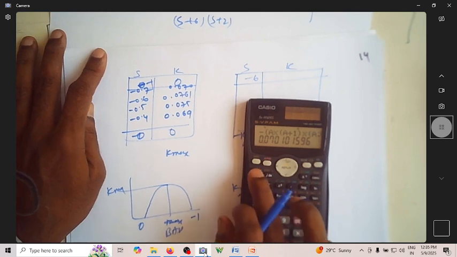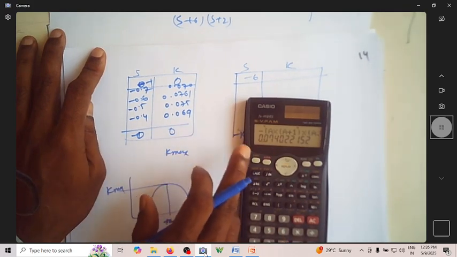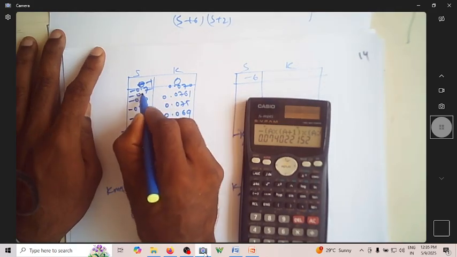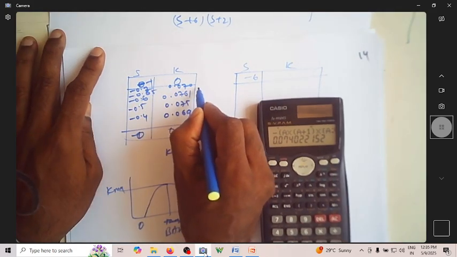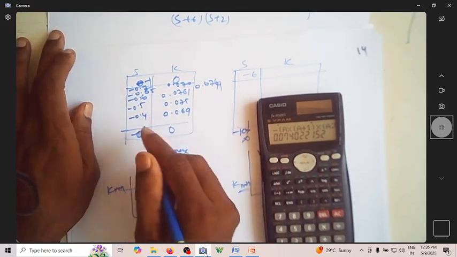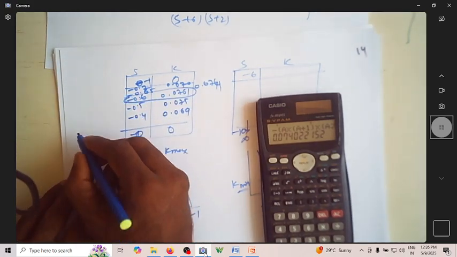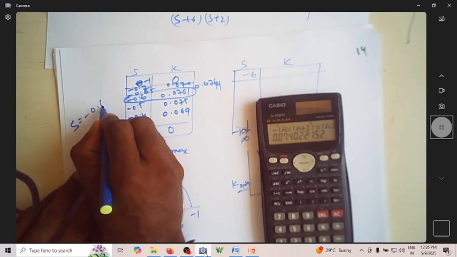Let me calculate -0.65. At -0.65 it is 0.074. Out of these values, I'm having the maximum value of k for s equal to -0.6.